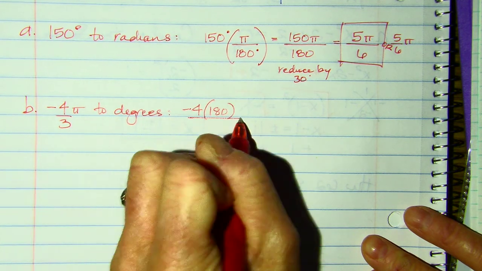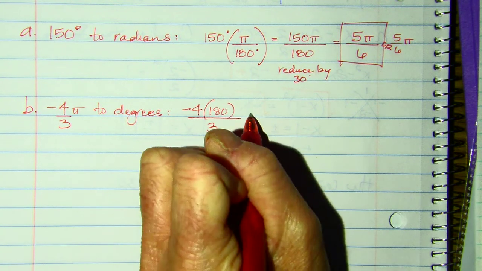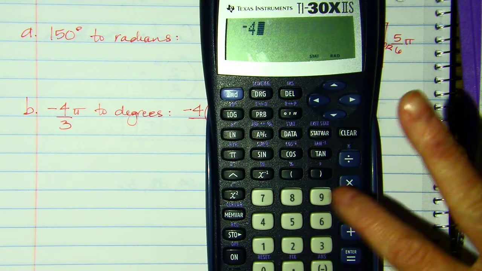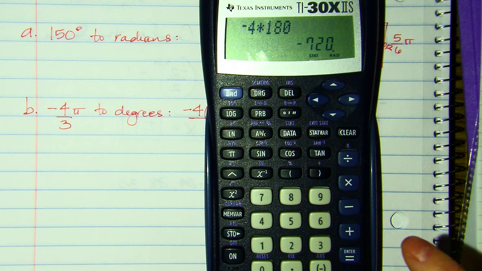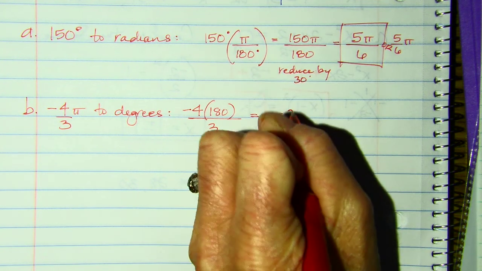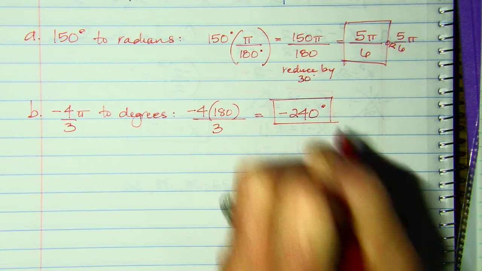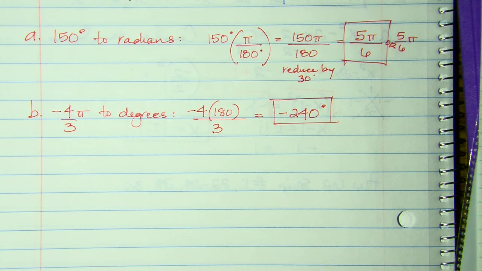Otherwise, it would be written on the bottom, over 3. And then I'm going to use my calculator. Negative 4 times 180, enter, divided by 3, and I get negative 240 degrees. So that is the first part, converting angles from degrees to radians.